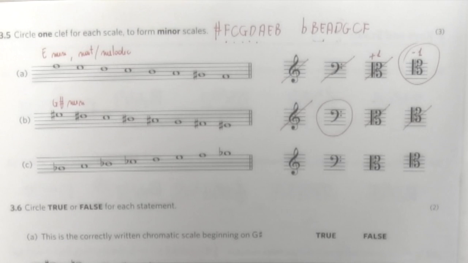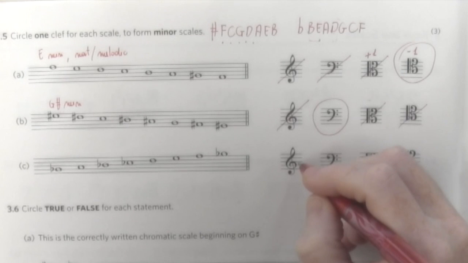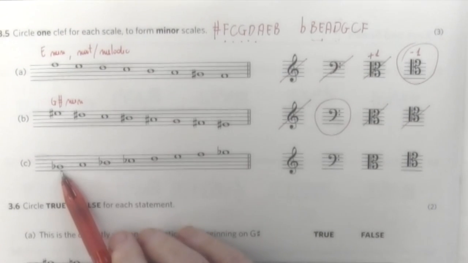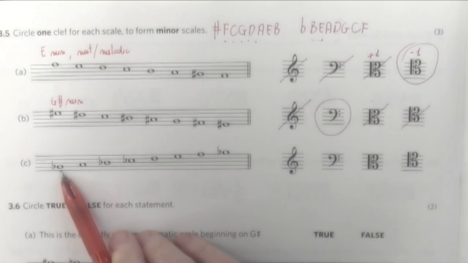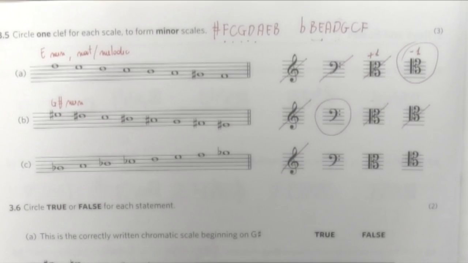Brilliant. Next one. If it's in treble clef, this will be sol flat. Now sol flat minor would be the relative minor of B double flat, but it doesn't exist. Goodbye. In the bass clef, this would be called B flat.